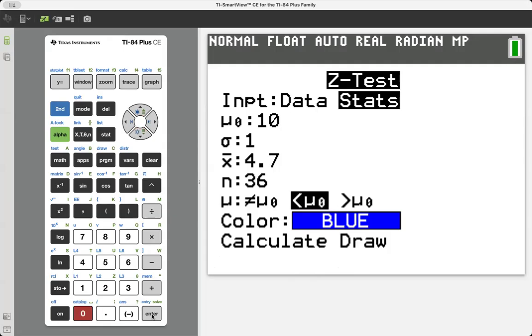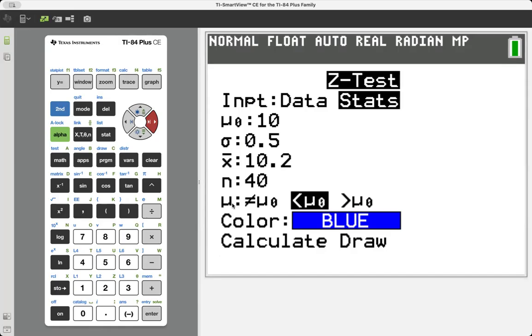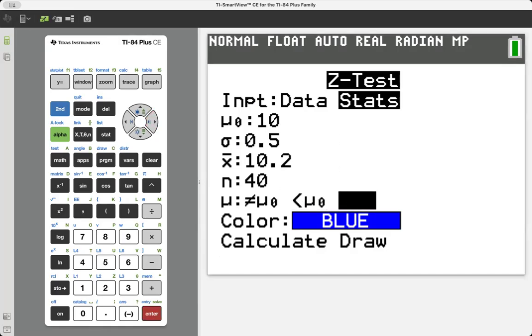That's the population mean. 0.5 for the standard deviation of the population, and 10.2 for the sample mean. The size of our sample was 40. It's a test on the right-hand side, so we're saying here in our alternative hypothesis that mu is greater than 10, and we'll go and draw that.